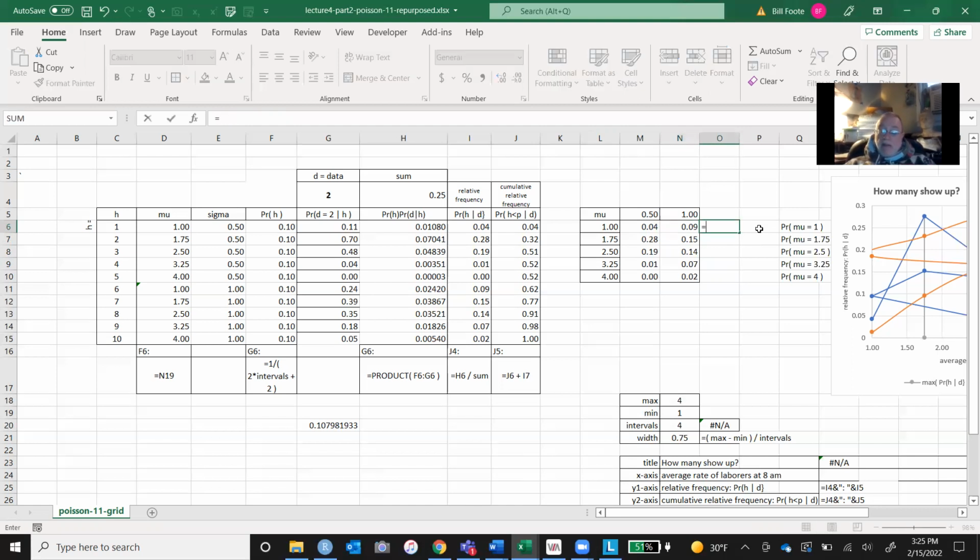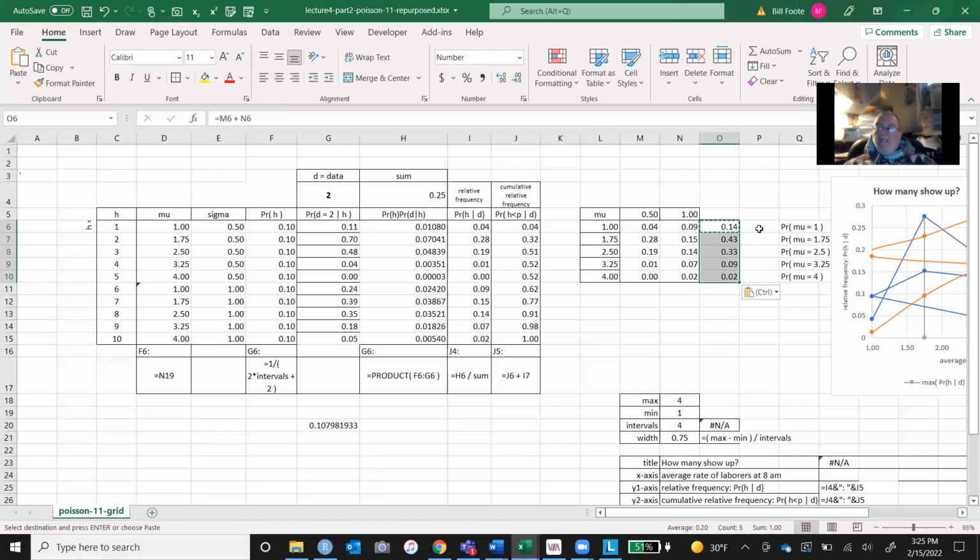Well, we simply add them together. And it's 14%. And we see it goes as high as 43. That is the most plausible. Okay, that's the most plausible mu. And down again to 33, 9, and 2.